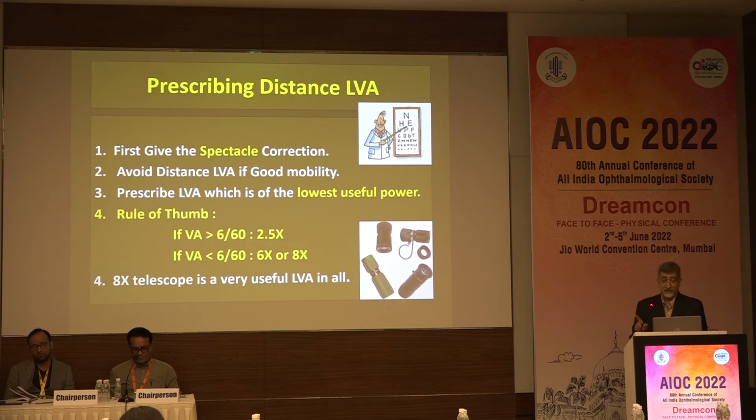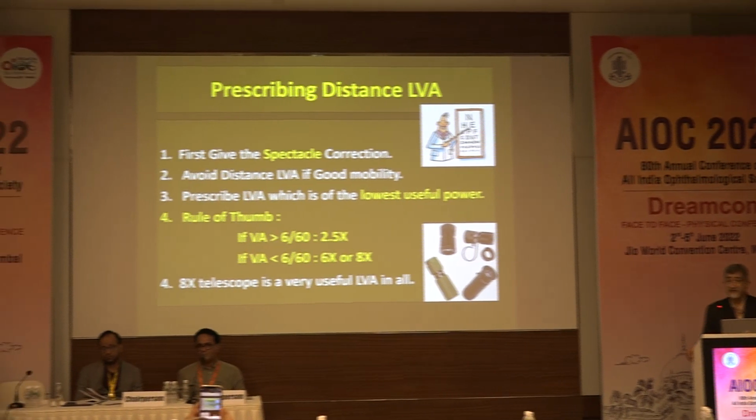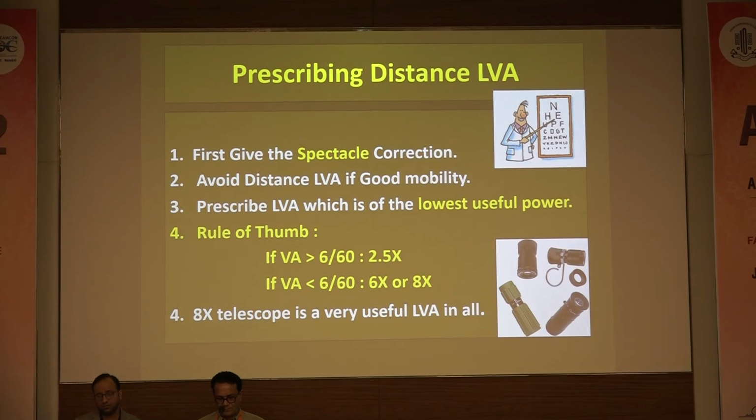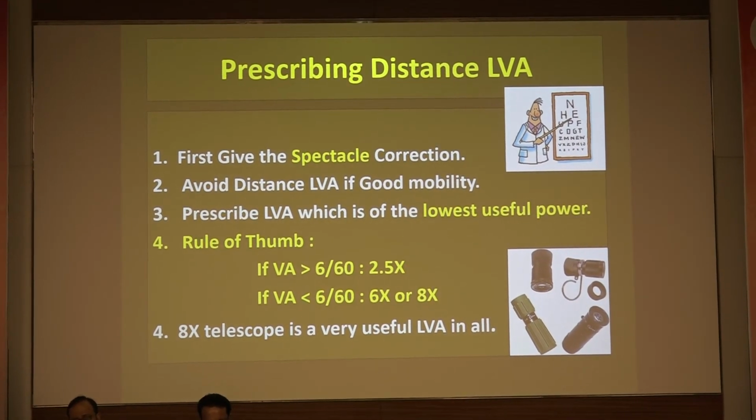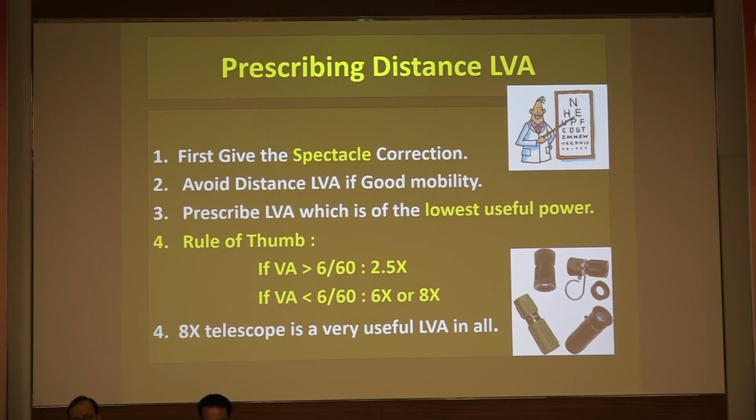Then here are the steps to prescribing distant low vision devices. The first and foremost thing is to give a proper spectacle correction, as Dr. Ali mentioned, that if you give spectacle correction to a patient, then it increases the sharpness of the retinal image and maybe improves his visual acuity by 1 or 2 lines. So that is very important.